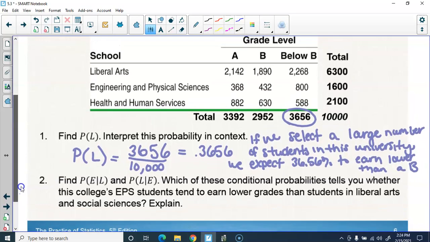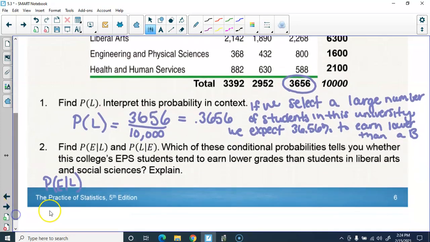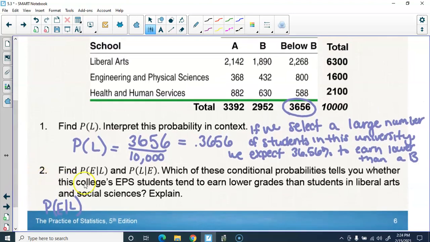Okay, now we need to find the probability of E given L and the probability of L given E. When we have a two-way table like this, the formula from the previous page is certainly an option, but I like that if we're given L, where L is being lower than a B, then we want to find where E and L intersect, which is here.